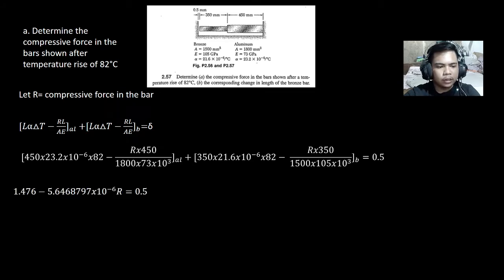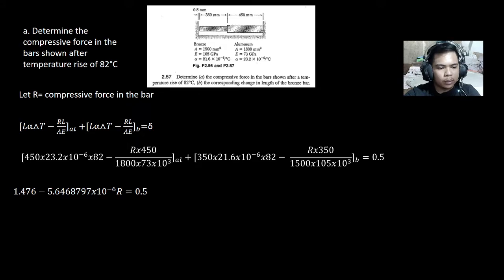The answer for this is 1.476 minus 5.646879 times 10 to the power of negative 6 R is equals to 0.5.